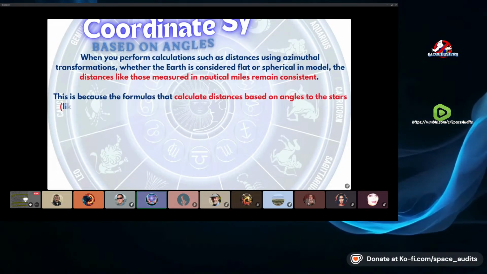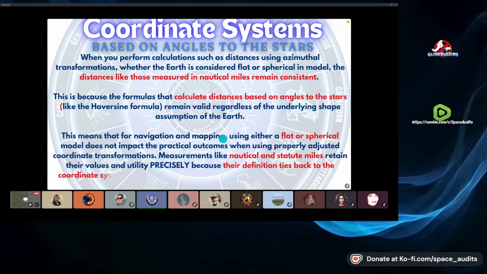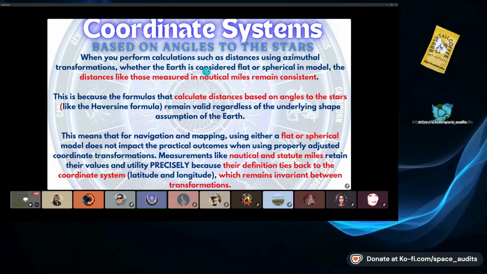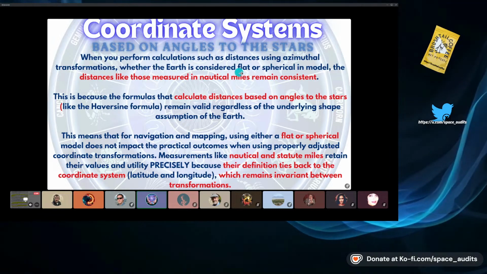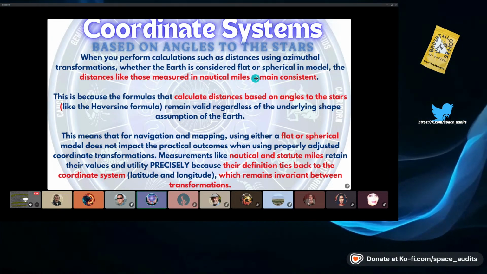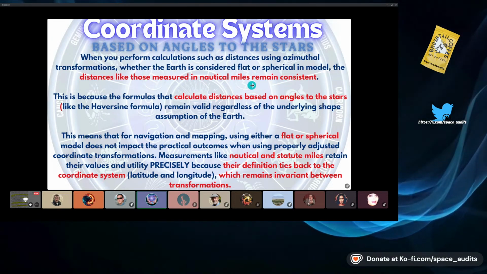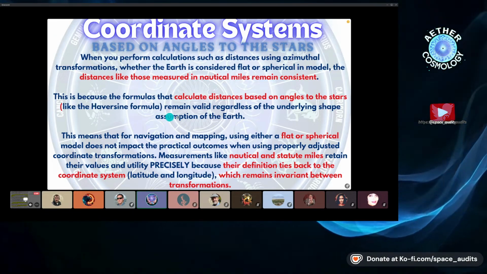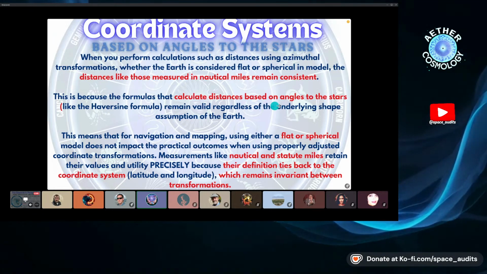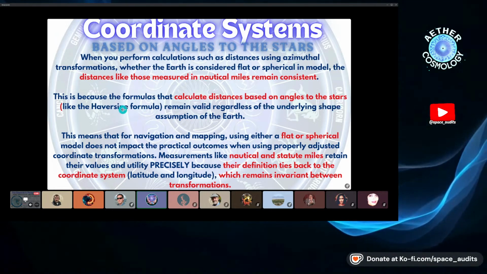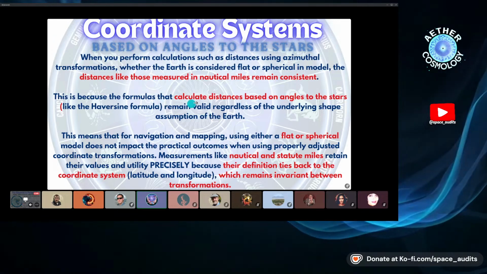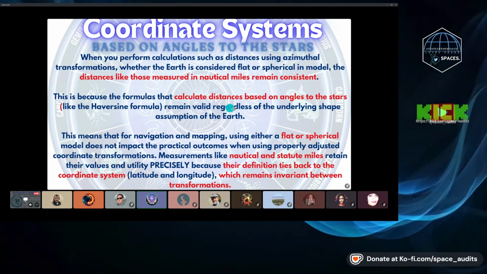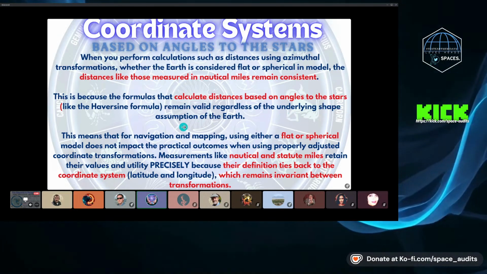So the final bit about using nautical miles and measuring distances is that whenever you perform calculations using azimuthal transformations like the one we just were using, whether the Earth itself is considered flat or spherical, the distances measured in nautical miles remain consistent. That is because the formulas that calculate distances based on angles to the stars, like Haversine and anything using the cosine of the angle to a star, remain valid regardless of the underlying shape of the Earth.